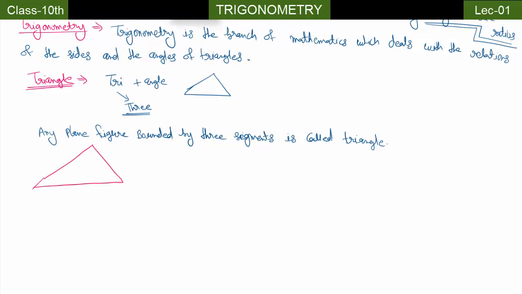This is my vertex A, this is my vertex B, and this is my vertex C. The points where any two of the line segments meet are called vertices. Here we get three vertices, A, B, and C, and the line segments AB, AC, and BC are called the sides of the triangle.